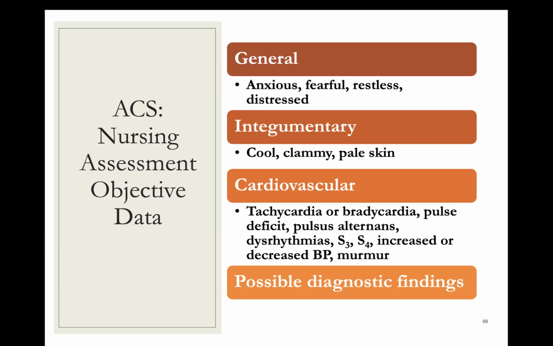Are there any extra heart sounds, those gallops, the S3 or S4 sounds that sound like Kentucky or Tennessee? Increased or decreased blood pressure and any murmurs that we hear. So any of that whooshing or blowing noises over the normal lub-dub S1 and S2 sounds.